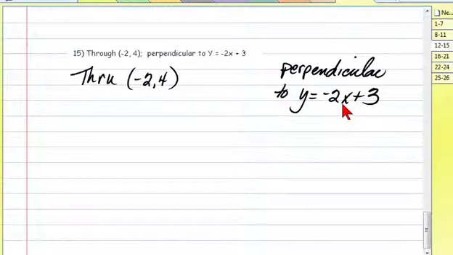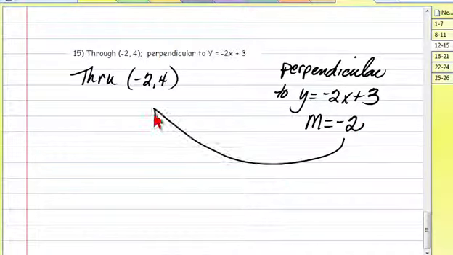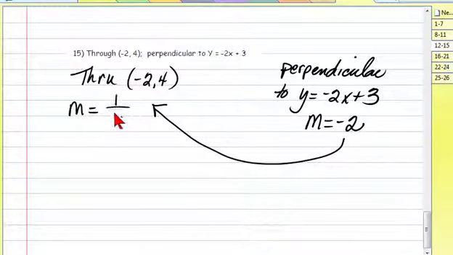What do you know about perpendicular lines? Opposite reciprocals as slopes. What's the slope of this line? Right. This slope is negative 2. So, what will my slope be? Perfect. 1 over 2. He changed the sign from a negative 2 to a positive, and then flipped negative 2 over 1 to 1 over 2.